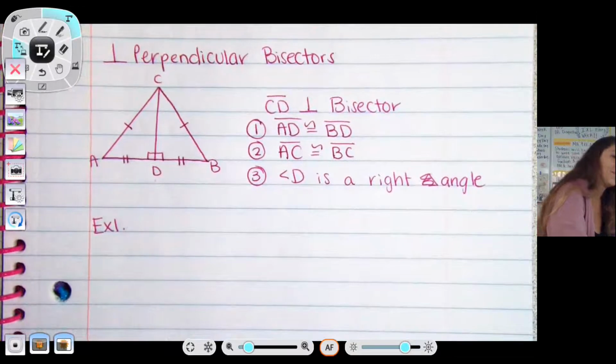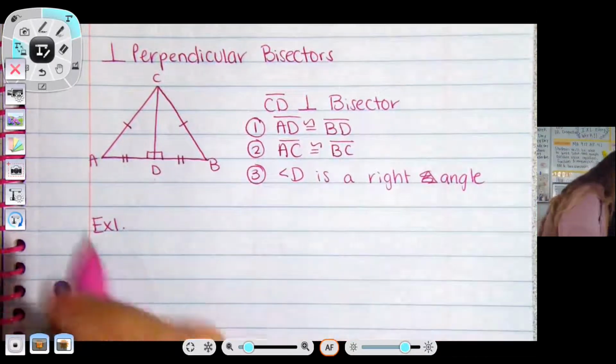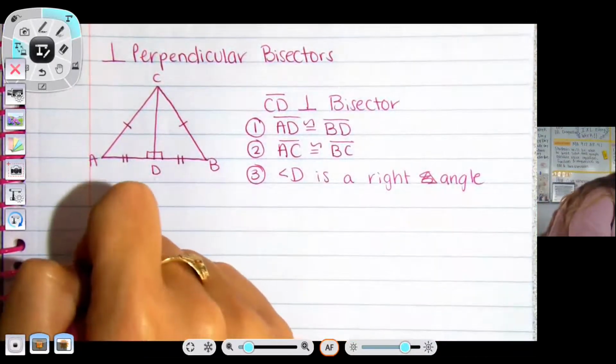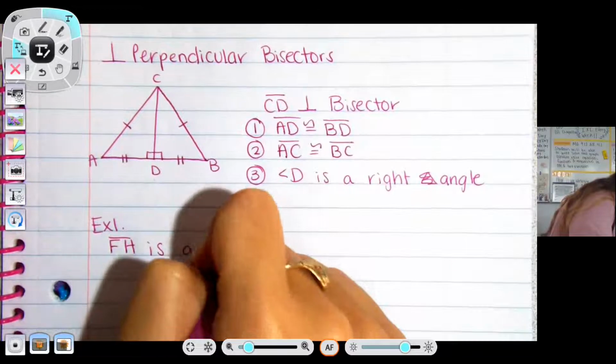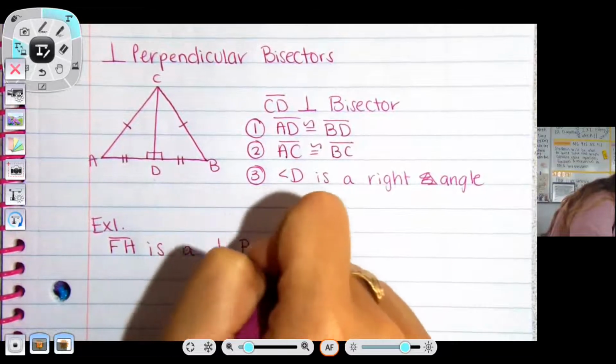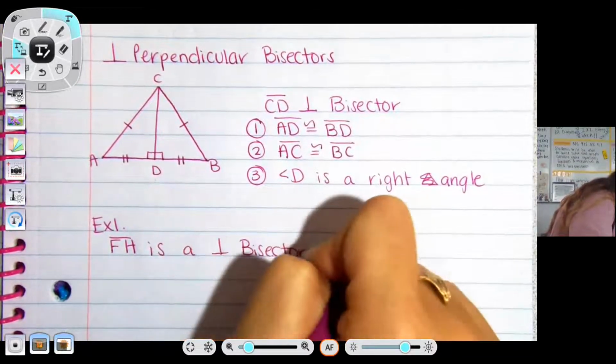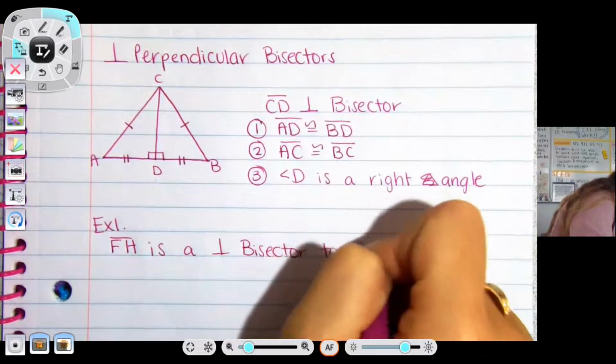AC equals AC. Okay. So the information I'm going to give you is that segment FH is a perpendicular bisector to EG.